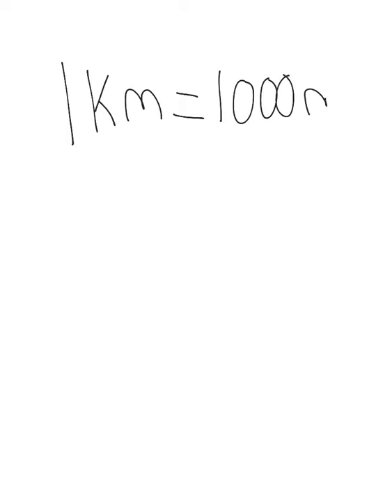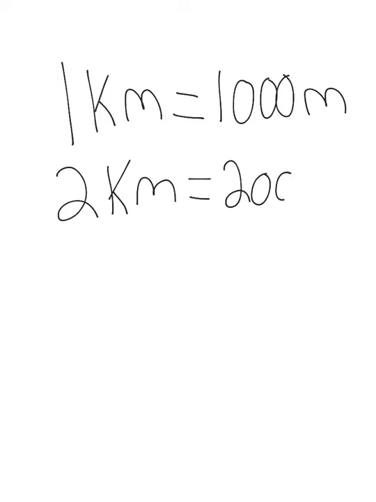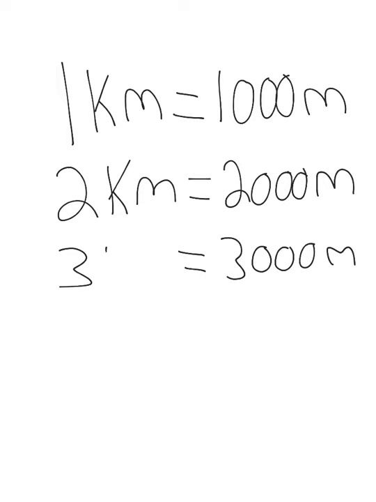Now looking at going between kilometers and meters. So 1 kilometer is 1,000 meters. 2 kilometers is 2,000 meters. Therefore, 3,000 meters is 3 kilometers.